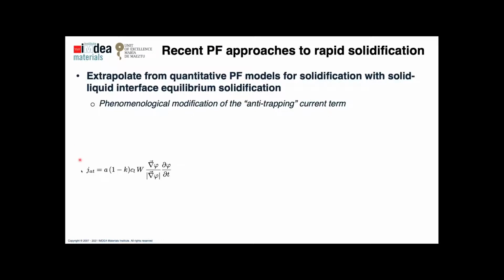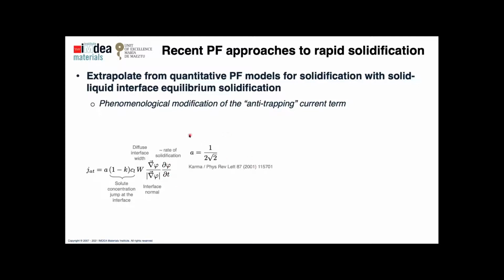So this is the form that has this anti-trapping current. It's just an additional flux that you're adding in your, say, diffusion equation to compensate for the numerically induced solute trapping. And it has the solute jump at the interface, the interface width, the normal to the interface given by the gradient of the phase field, and the rate of solidification here, the change of your phase field versus time.